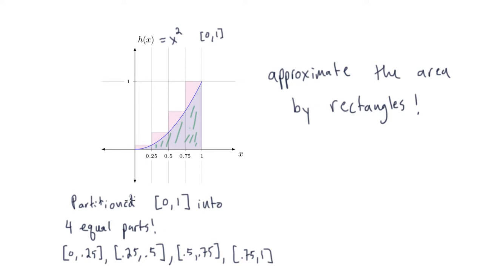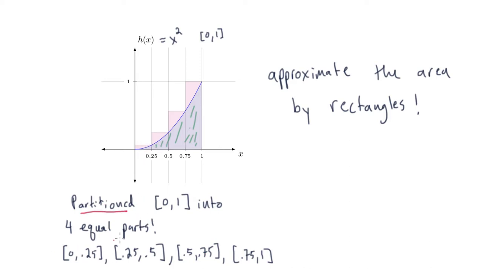Each one of these parts of my partition, so this word partition simply means that I'm breaking it up, and the union of all of these intervals is the whole interval, and their pairwise intersection is empty. Each one of these parts of my partition gives the base of one of these rectangles.